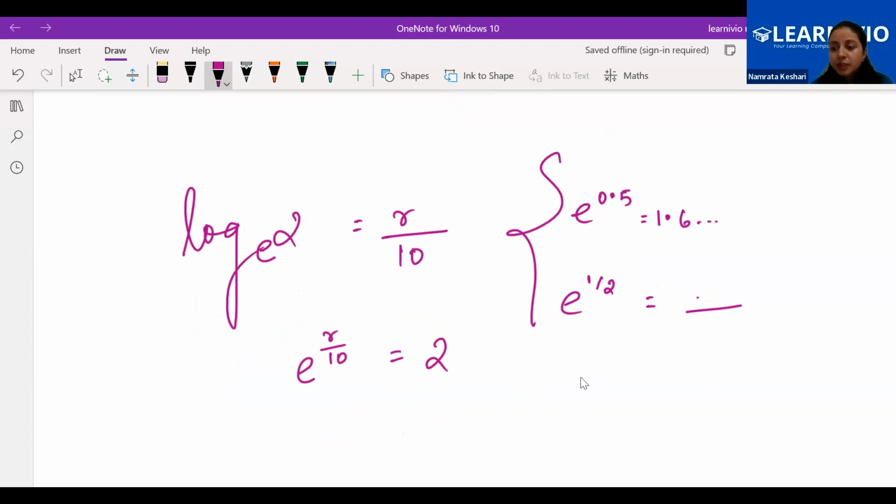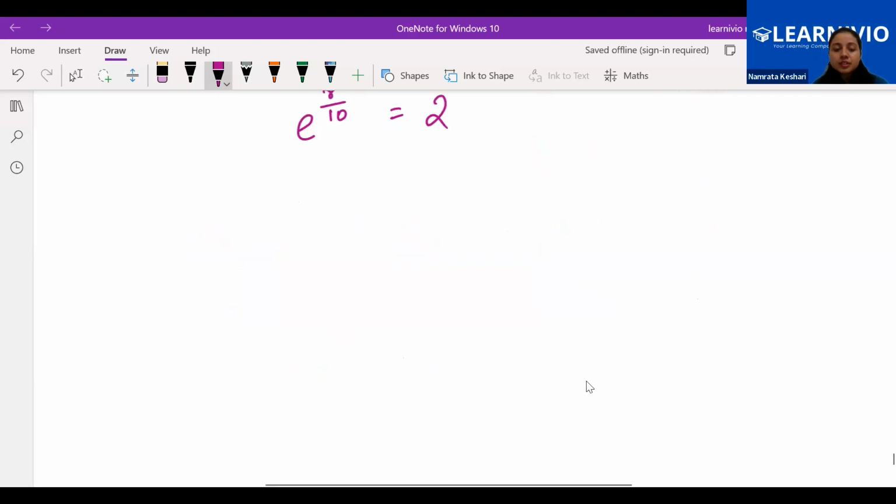Just a second. Now let me check on pen and paper. We must be able to use the given condition directly.